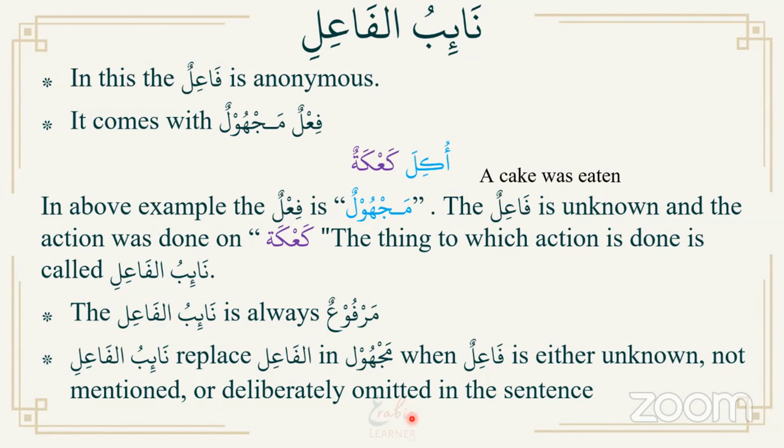In the ma'ruf sentences, where the fa'il position is occupied, Naibul fa'il is taking that place in the majhul form. So the fa'il is either not known, not mentioned, or deliberately omitted in the sentence. So that is Naibul fa'il.